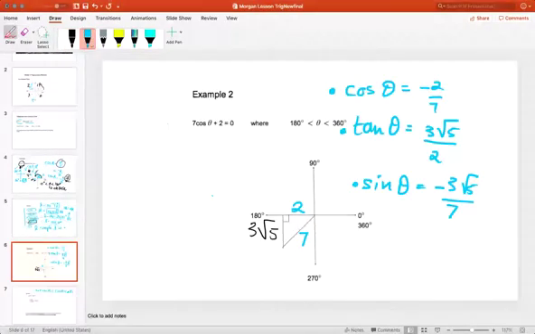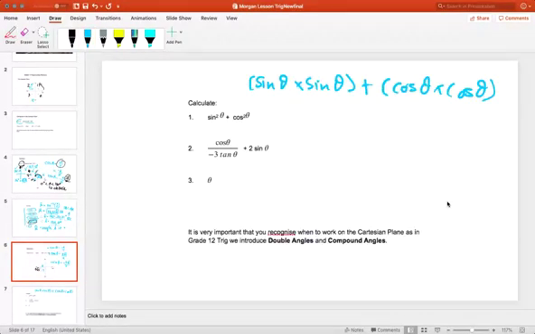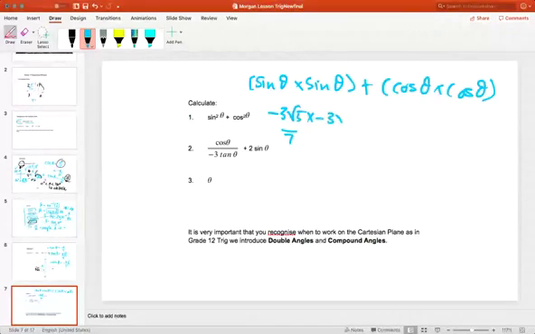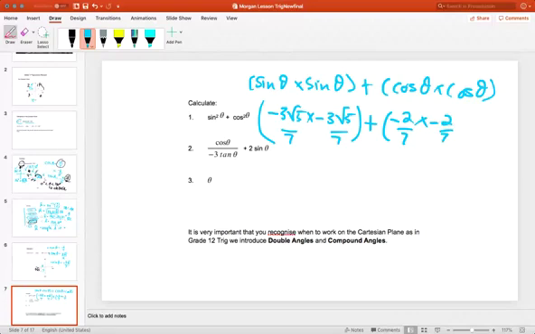All right, so let's go back, and you will see that sine was negative 3 times root 5 over 7. So we are looking at negative 3 root 5 over 7 times negative 3 root 5 over 7. Remember your brackets, and then plus, and cos we had negative 2 over 7 times negative 2 over 7. Just like that. And now you simplify from here. So we should land up with the following.